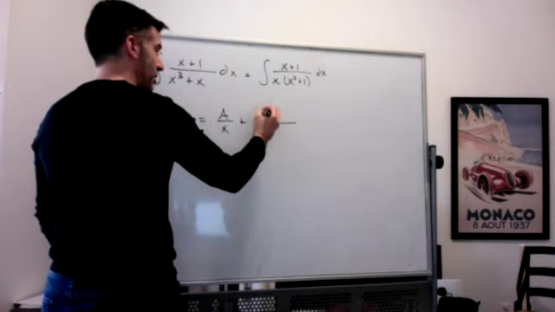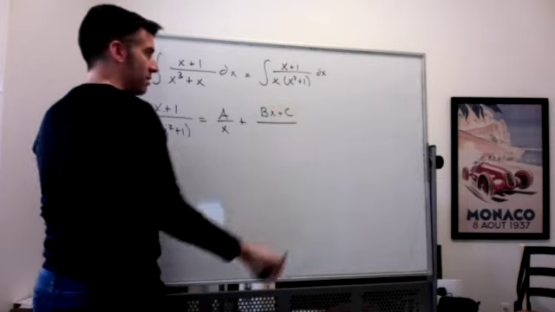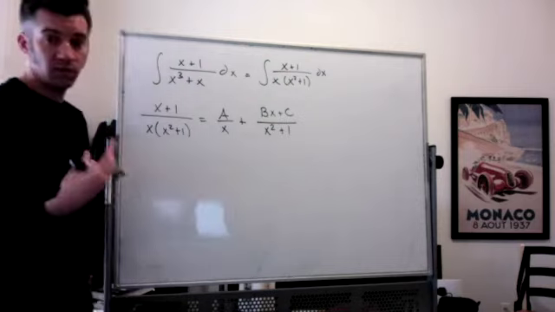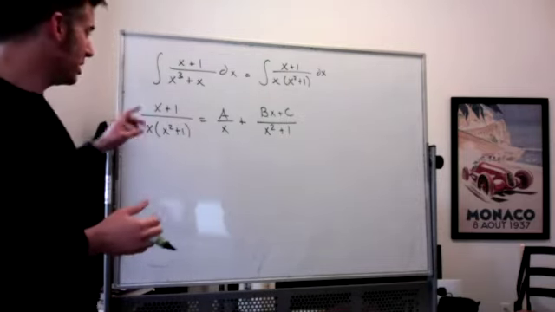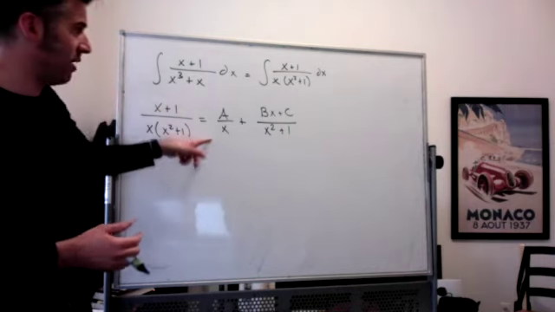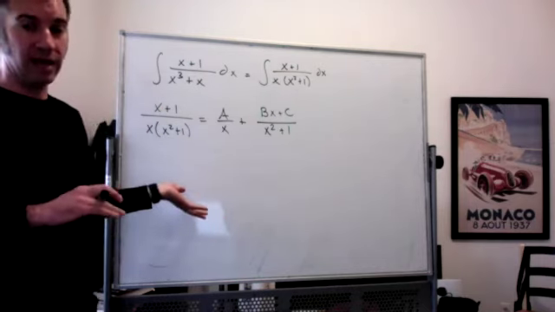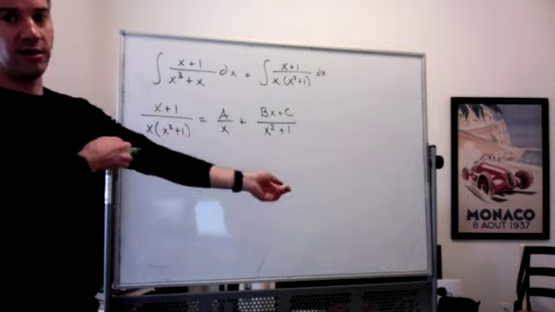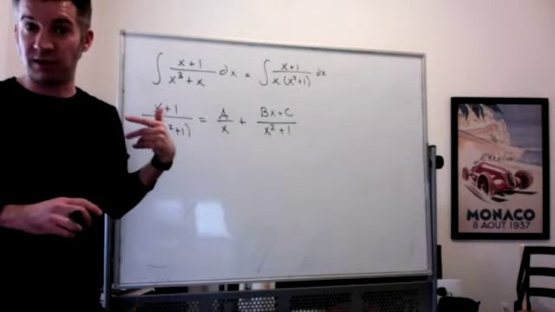You get not just a b, you get a bx plus c. The reason for this is because the math doesn't work if you don't do this. If you try and write this as a over x plus b over x squared plus 1, you'll get something weird like a equals 0 and a equals 3, because you can't decompose this without having the extra piece on top.